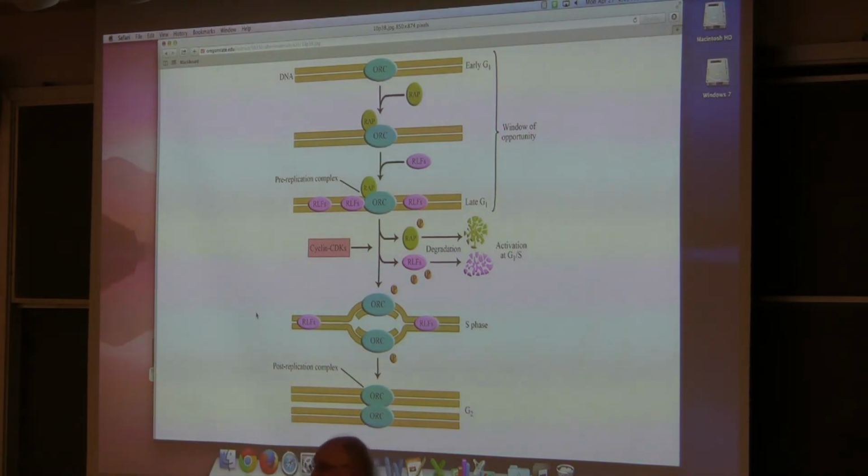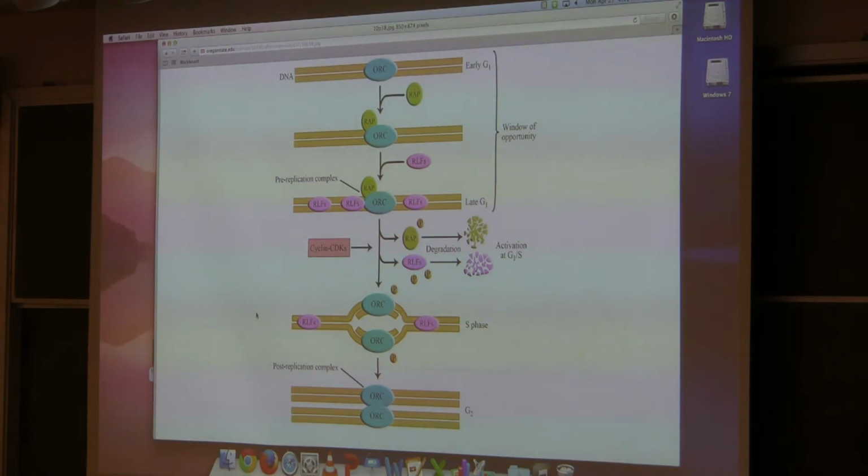But at each replication origin, we get a fork, just like we had in prokaryotes. We have single-stranded binding protein, just like we had in prokaryotes. We have primase, just like we had in prokaryotes. And they have their own names, but we don't care about the names here.